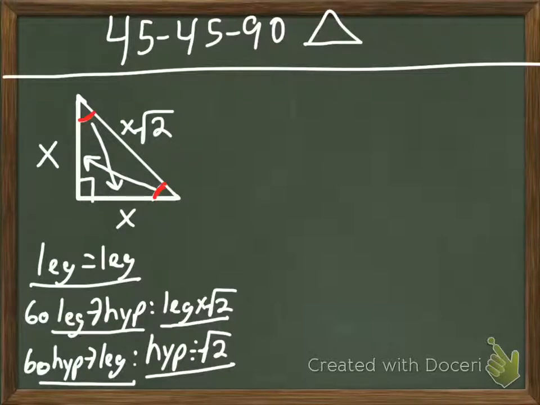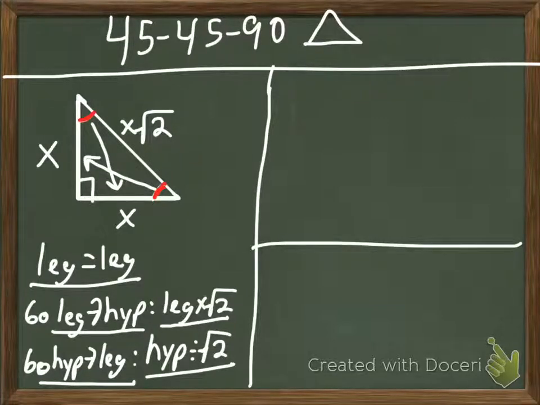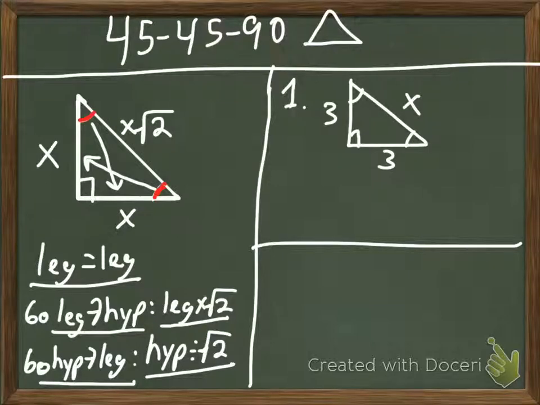So let's put this theory and this idea into practice. I'm going to do a couple of examples. First example, we're going to find the hypotenuse. So let's say that we have our legs are 3 and 3, and I want to find the hypotenuse.